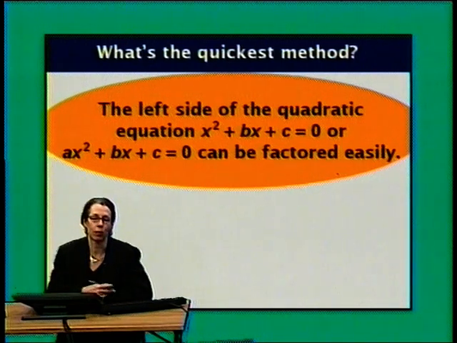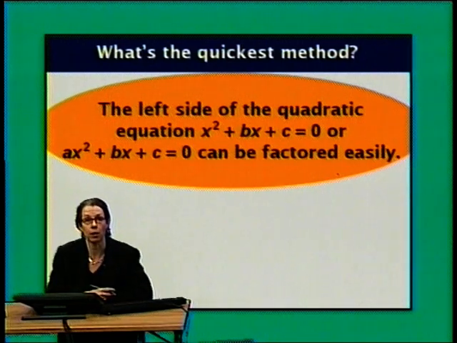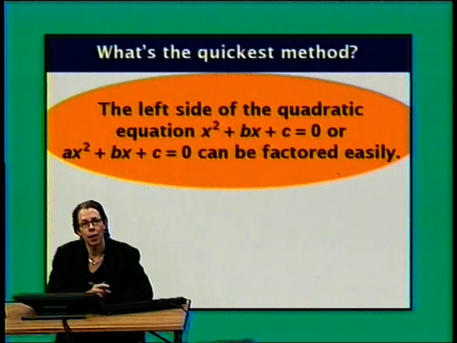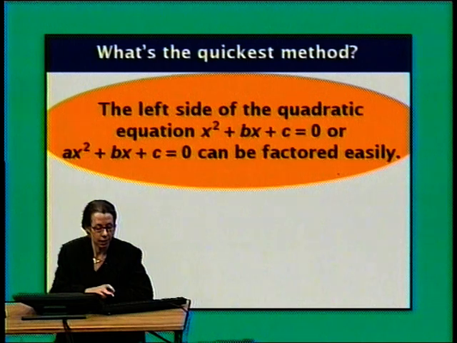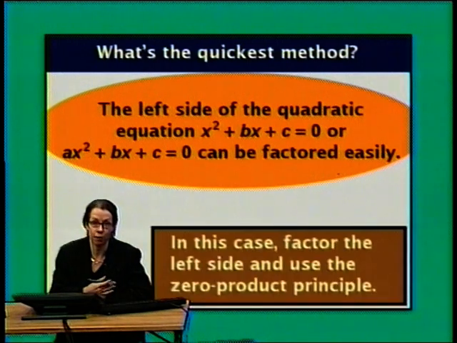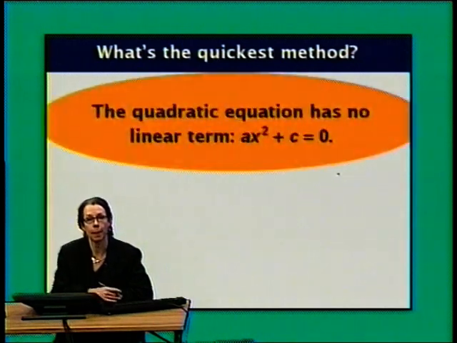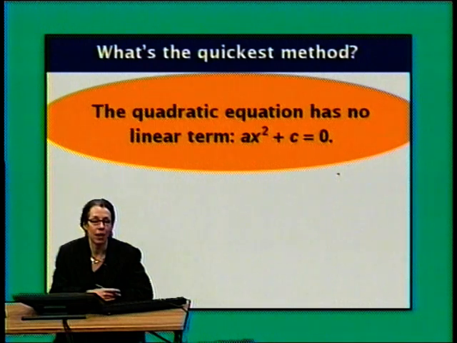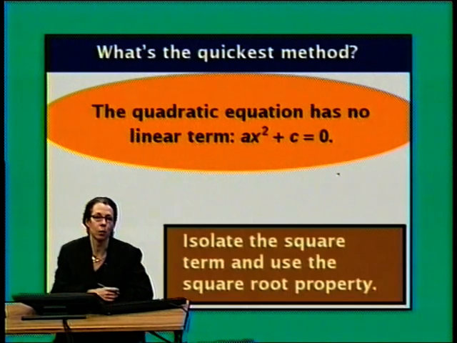So now let's summarize some of the things we observed in the first part of the lesson. When the left side of the quadratic equation can be factored easily, I would probably factor that left side and use the zero product principle in order to solve the equation. If the quadratic equation has no linear term, if b is 0, then I'm going to isolate the square term and use the square root property to solve the quadratic equation.